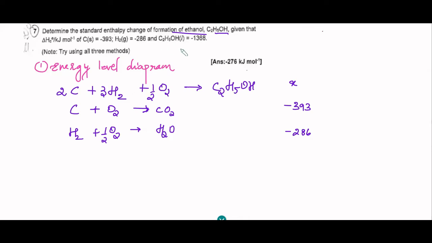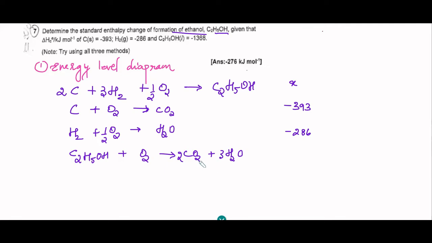Next, ethanol is subjected to combustion. So I'll have C2H5OH burning in oxygen to give carbon dioxide and water vapor. When balancing, I get 2 carbon dioxide and 3 water molecules.